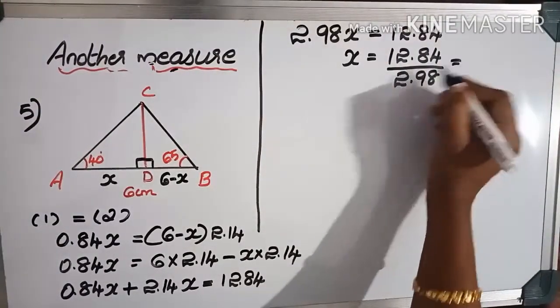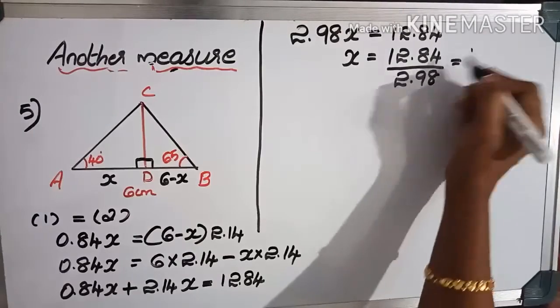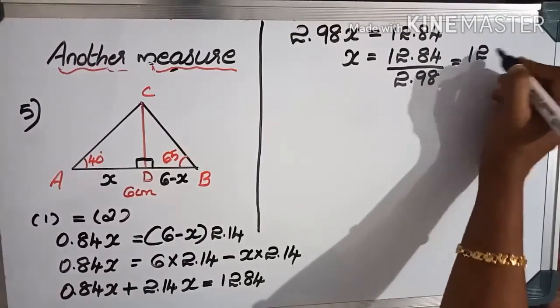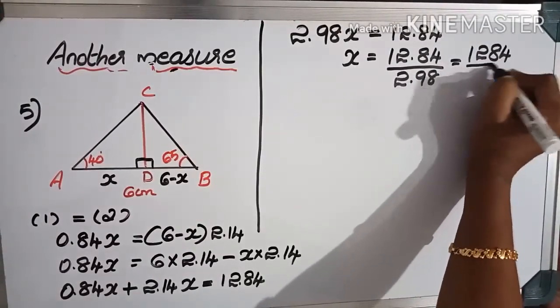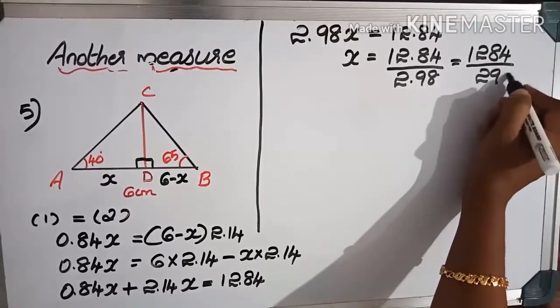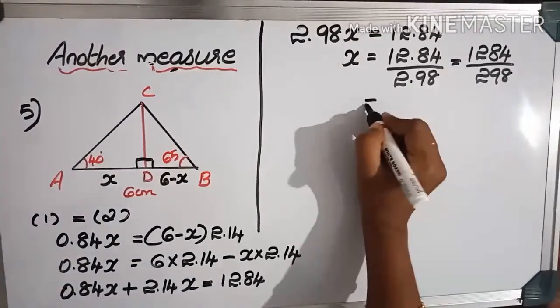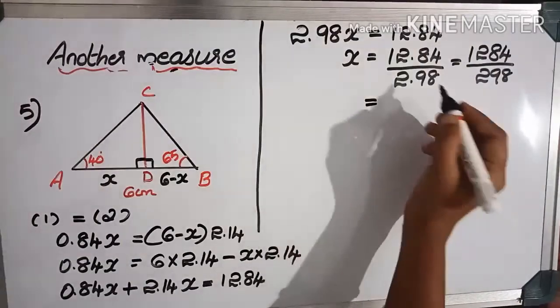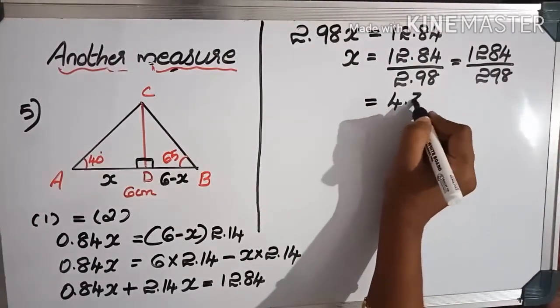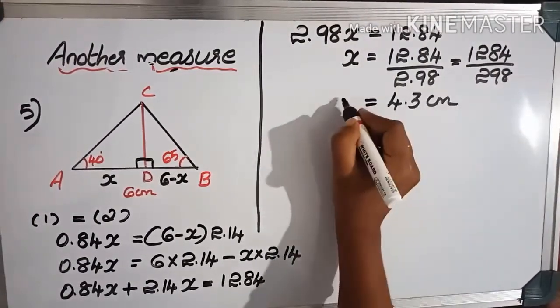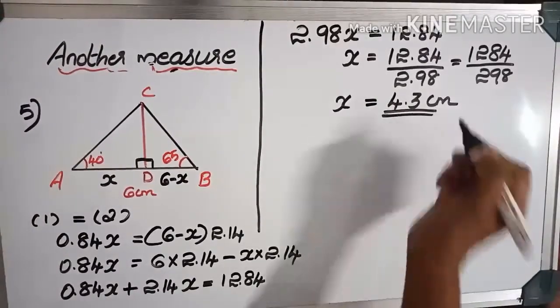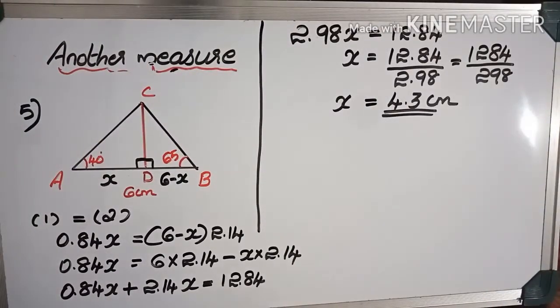You can cancel the points by multiplying with 100. So 1284 divided by 298. By dividing this, you will get the answer 4.3 centimeter. X equal to 4.3 centimeter.